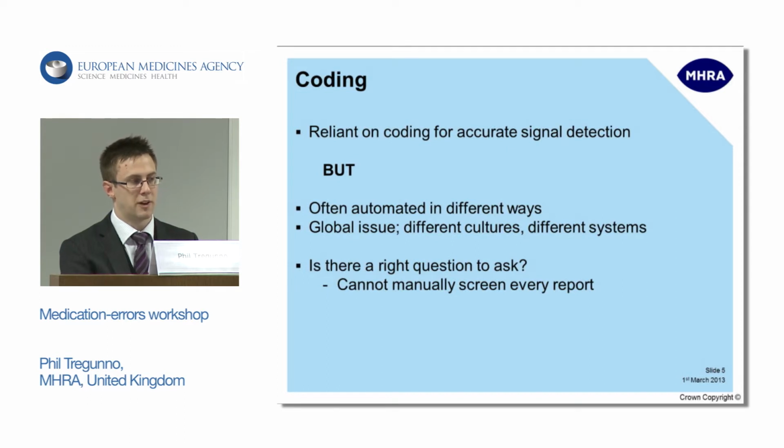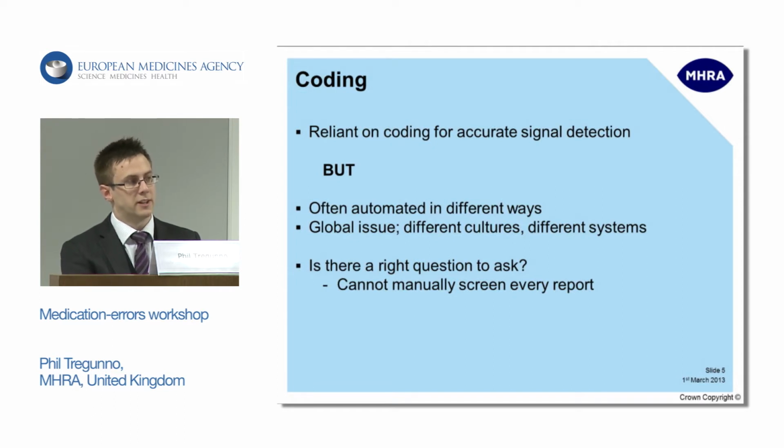It's also important to bear in mind that this is very much a global issue, and different cultures and different member states and different areas will have slightly different systems and slightly different perceptions of medication errors and the resulting outcomes from them. So, for instance, in some cultures, it may not be appropriate or may be very much frowned upon for a patient to be perceived to be complaining about the treatment that they've received.